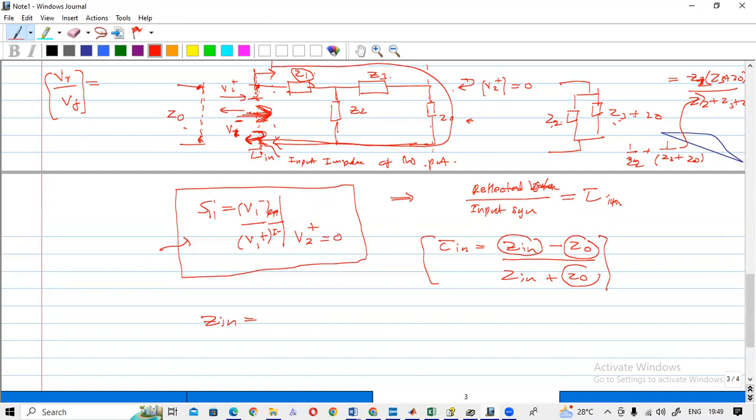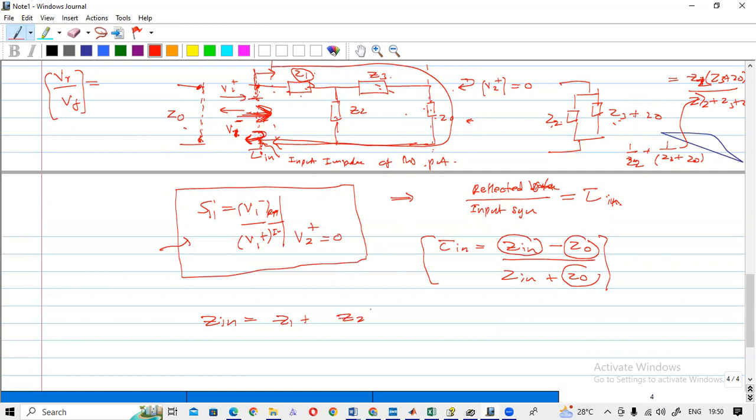These are serially connected, and this one and this one parallelly, again this one and this one series. So you have to add Z1 with the total impedance of this one. The total impedance of this one is Z2 times Z3 plus Z0 divided by Z2 plus Z3 plus Z0.